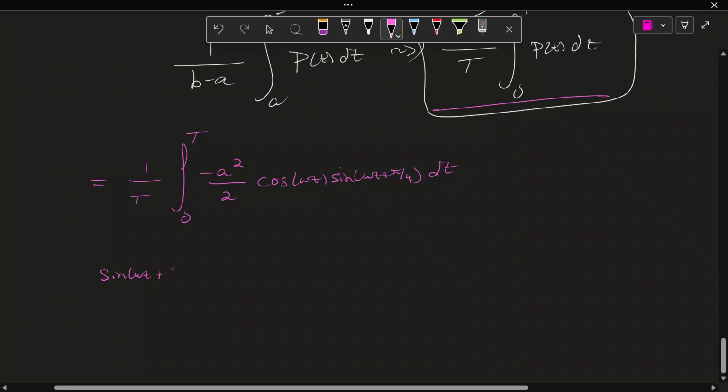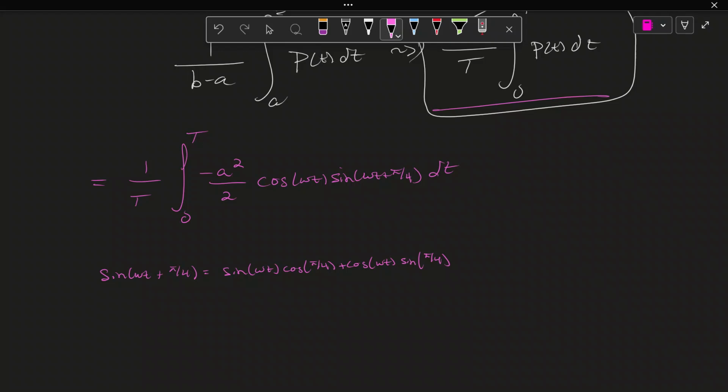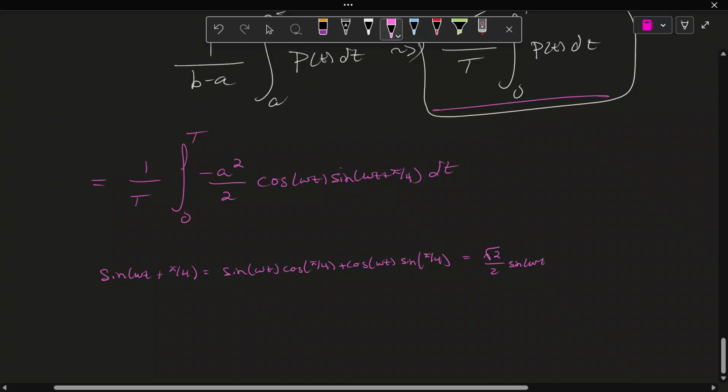Sine of (omega t plus pi over 4) is equal to sine of A, sine omega t, times cosine of B, cosine of pi over 4, plus cosine of A, cosine omega t, times sine of B. This is one of the helpful identities they give at the very beginning. And now what does that equal? Well, this is equal to root 2 over 2 sine omega t plus root 2 over 2 cosine omega t.